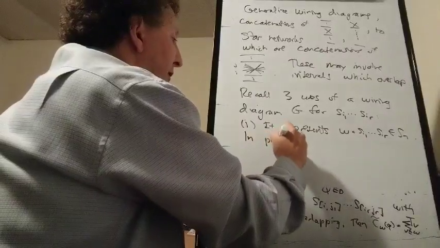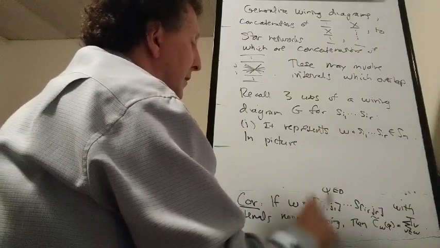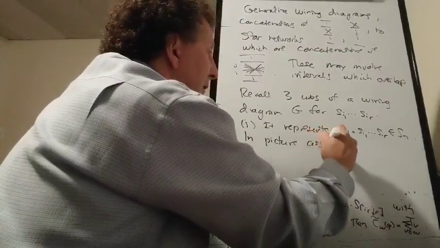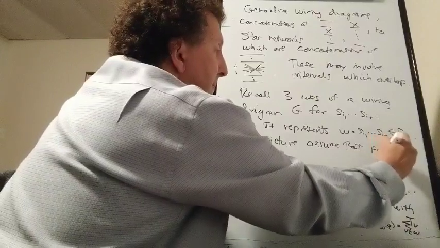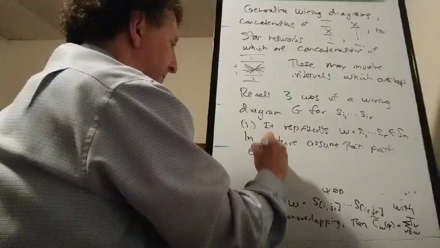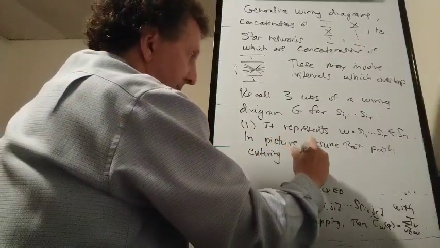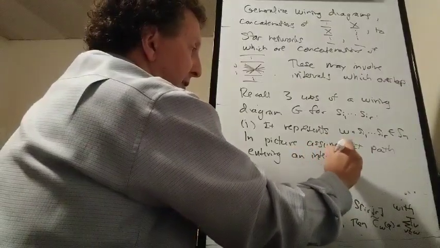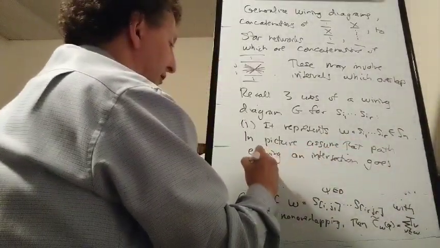And then in the picture, assume that each path entering an intersection goes straight across it.